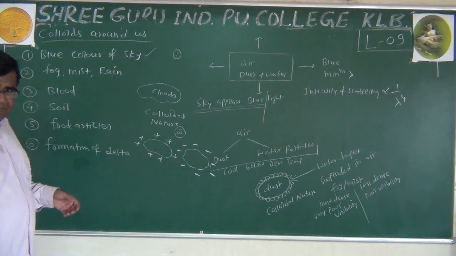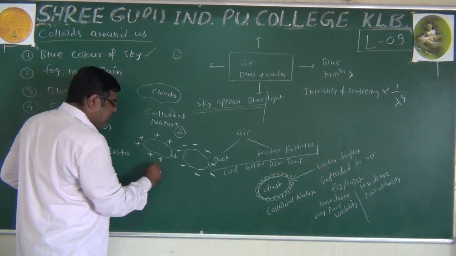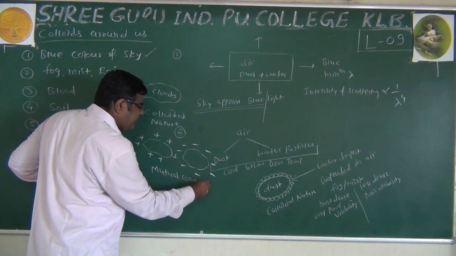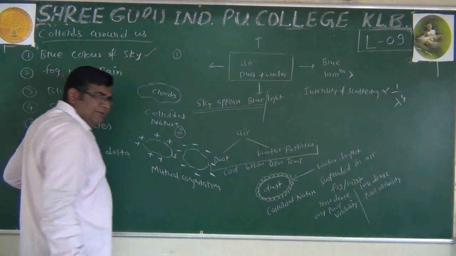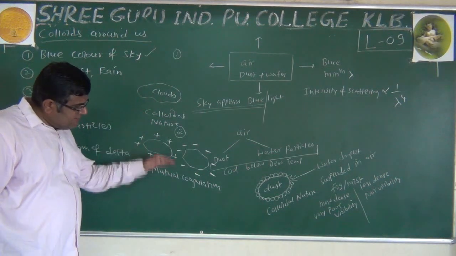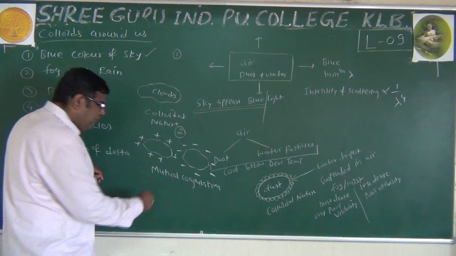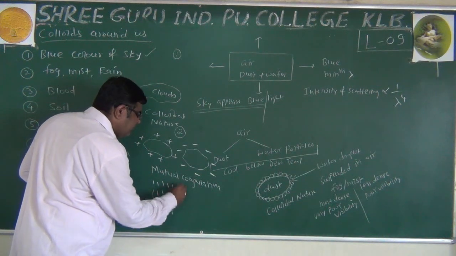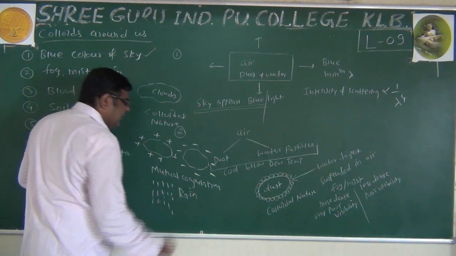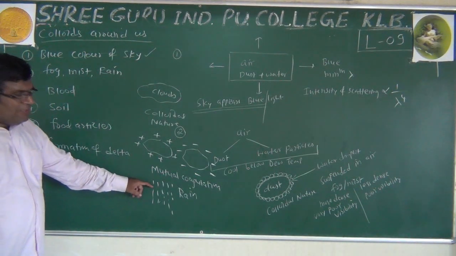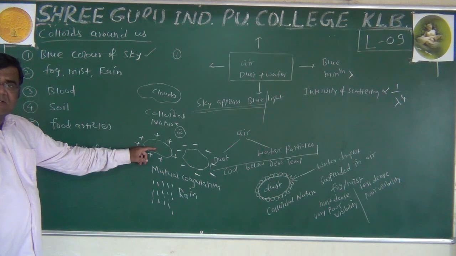They mix up, and there is mutual coagulation, and that's why they grow bigger and bigger in size and finally settle down in the form of water droplets falling down, and we call it rain. So rain is caused because of clouds.